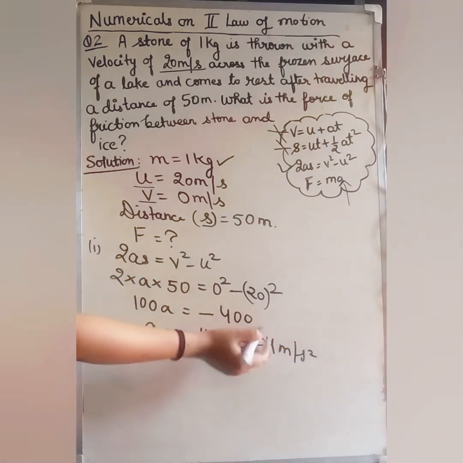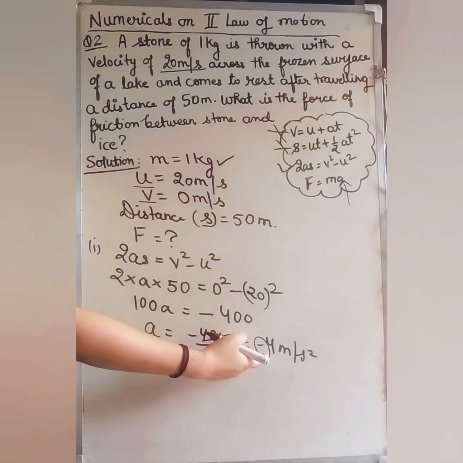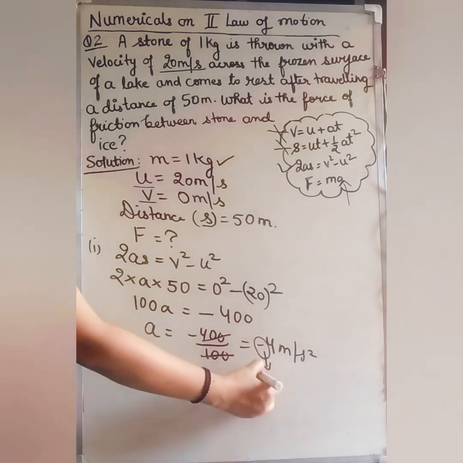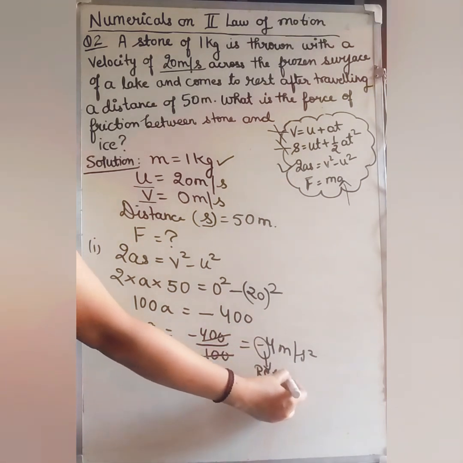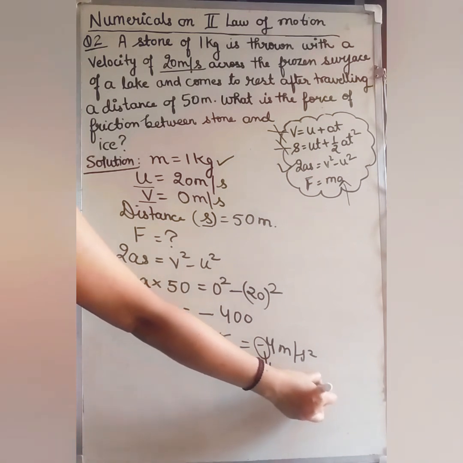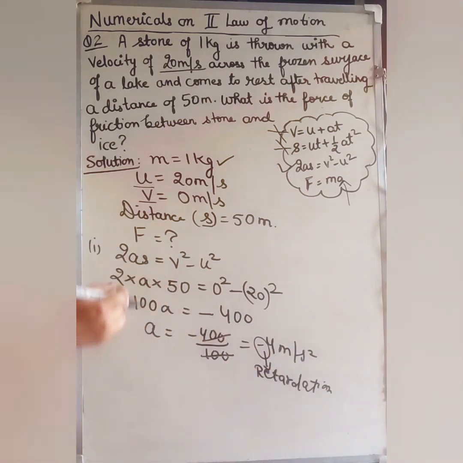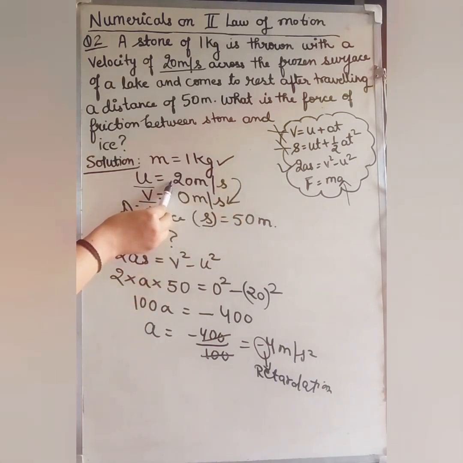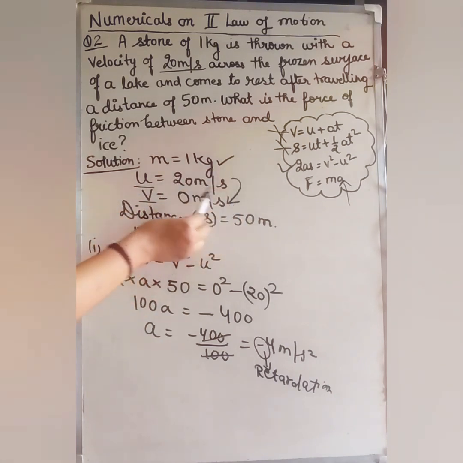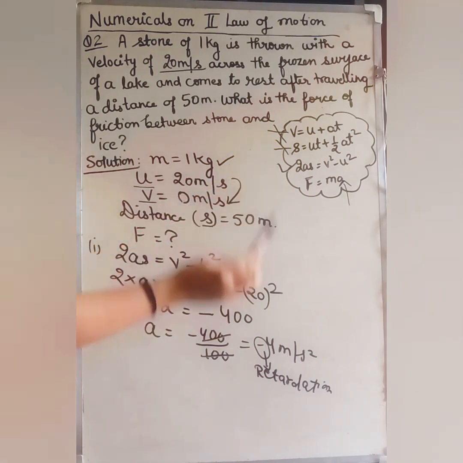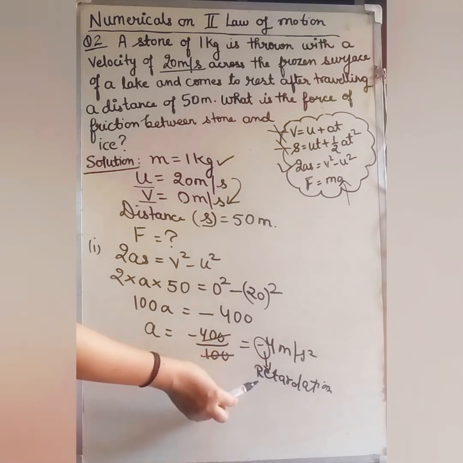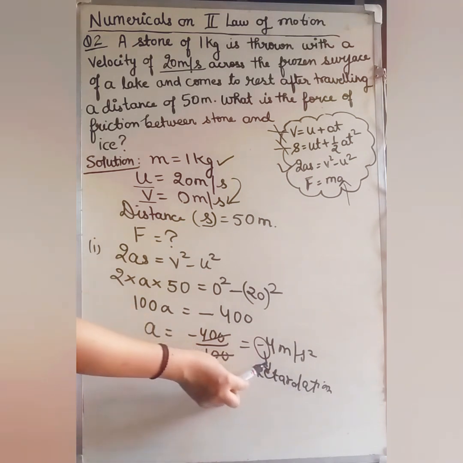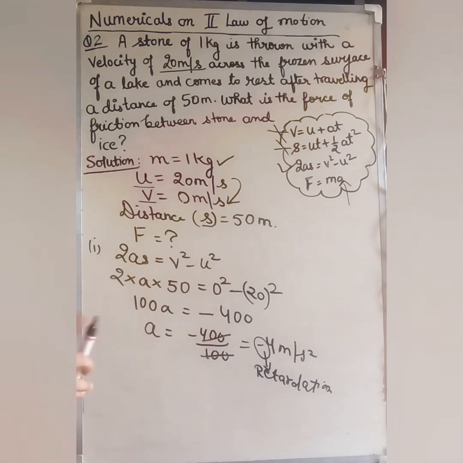Now what is the meaning of this minus? This minus sign shows retardation. And what is retardation? Retardation means that the body is decreasing its velocity with time. Initially it was 20 and after some time it became 0. So when velocity decreases with time, that acceleration is known as retardation and it is shown by a negative sign. Okay, so here we have got the value of A.